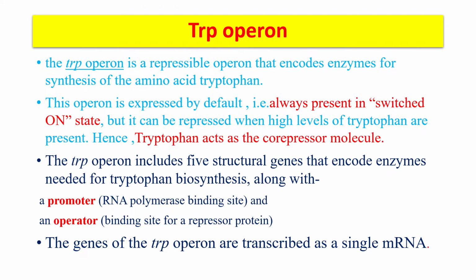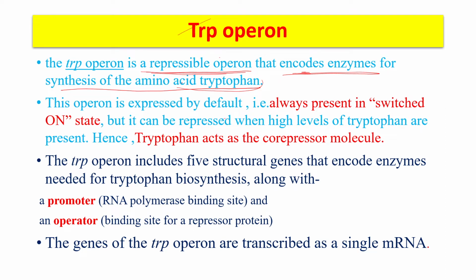So what is a tryptophan operon? Tryptophan operon is a repressible operon. As I told just now, it encodes enzymes for the synthesis of the amino acid tryptophan. That is why this operon is called the tryptophan operon.